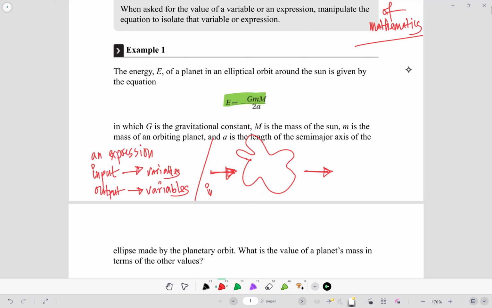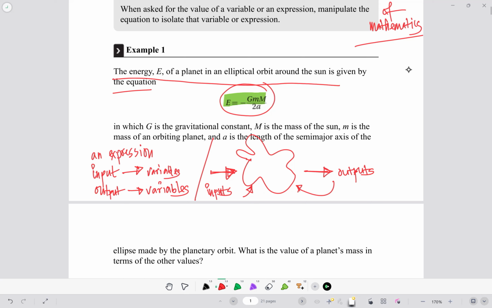These are the inputs of the situation, and these are the outputs of this situation. All of them are modeled mathematically by creating an expression or a formula just like this. This is just a particular example.